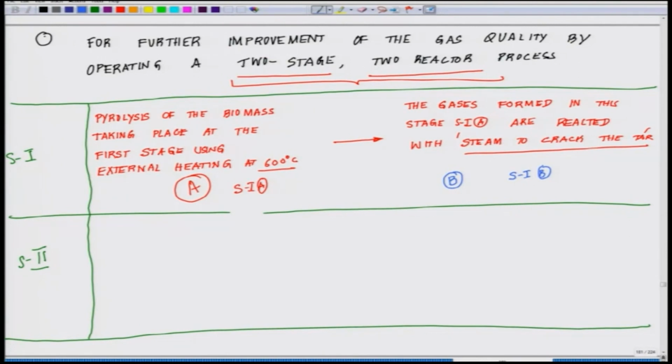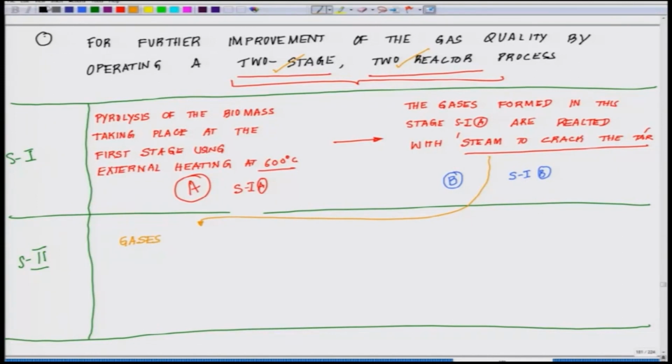Now, what is getting generated out here, you take this. Now, we are starting the stage 2. I told you 2 stage 2 reactors.